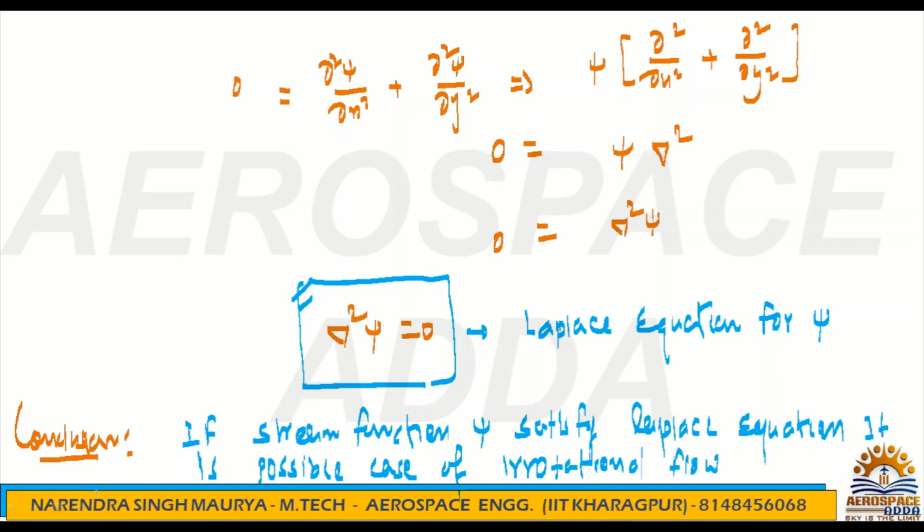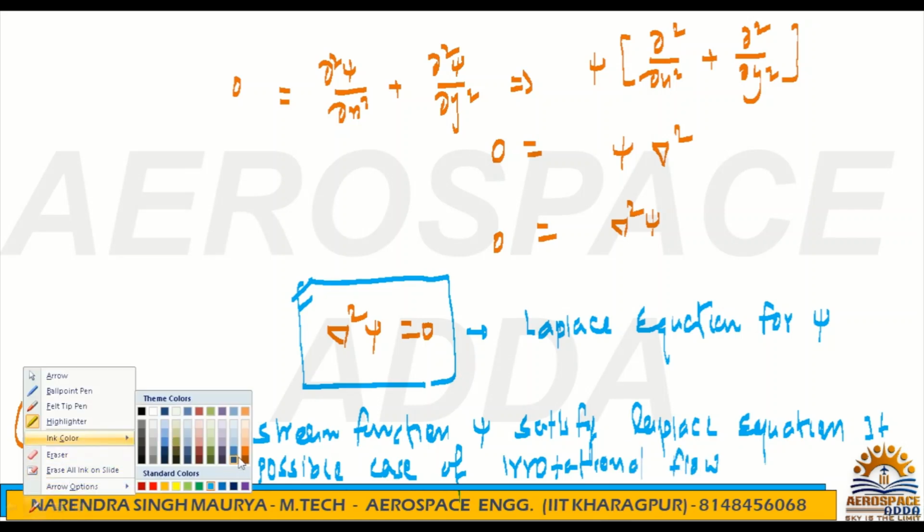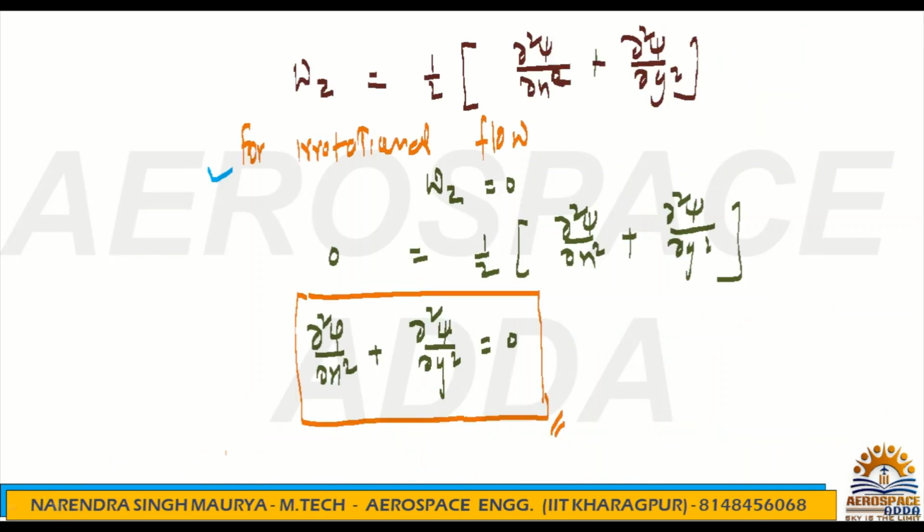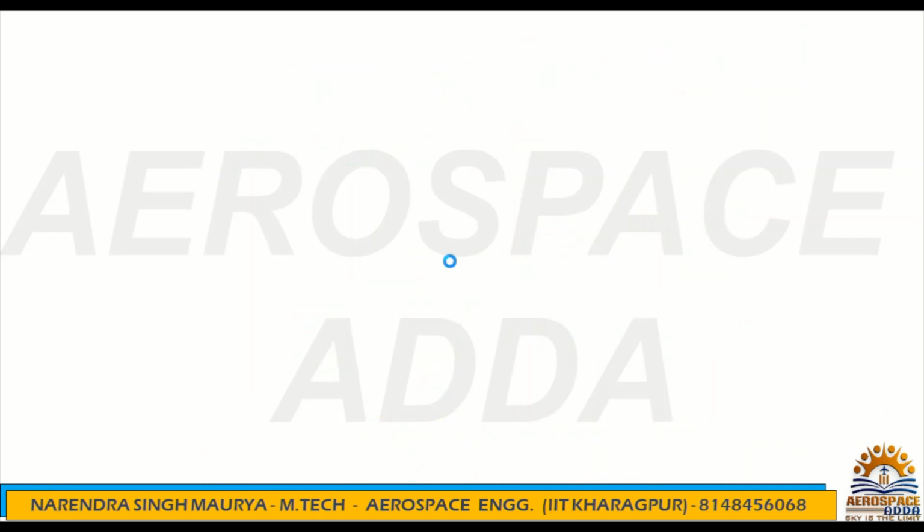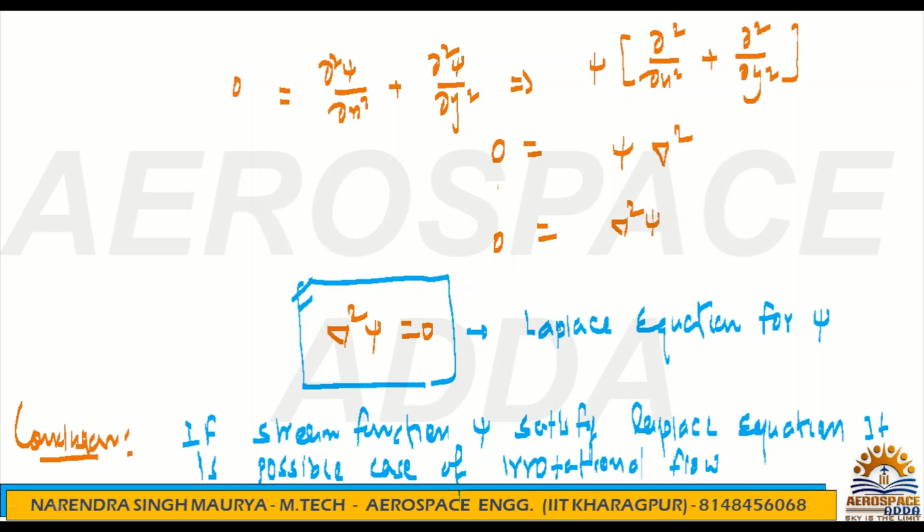Because when you got this Laplace equation, the condition you took was irrotational flow, so you used omega z equal to 0, and then you got the Laplace equation. And once the Laplace equation is satisfied, it means it is irrotational flow.